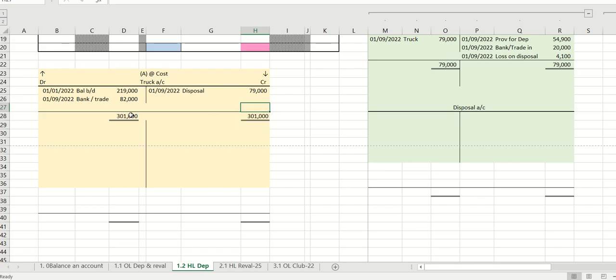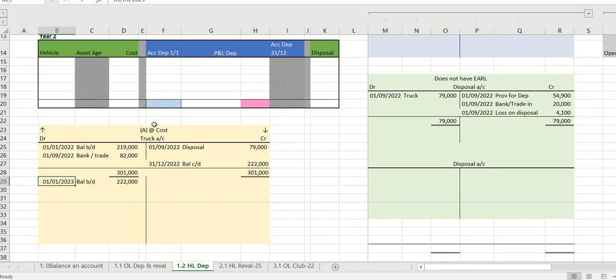There's a separate video on balancing accounts for anybody who wants to do a bit of practice on that. Both the total on the smaller side, last day of the year. Below the total on the opposite side.